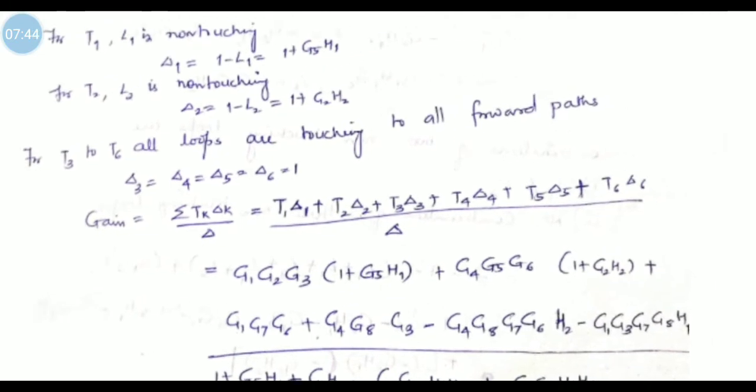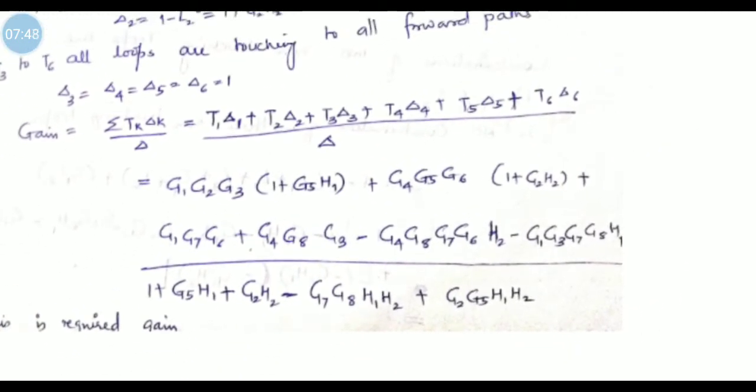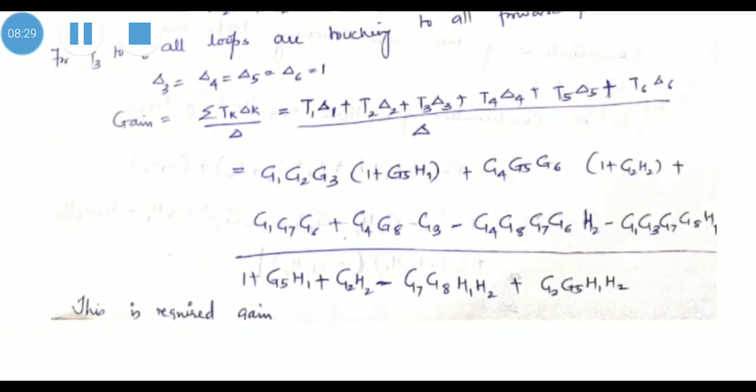Substituting all, we get G1G2G3 into bracket 1 plus G5H1, plus G4G5G6 into bracket 1 plus G2H2, plus G1G7G6, plus G4G8G3, minus G4G8G7G6G2H2, minus G1G3G7G5G8H1, divided by delta.